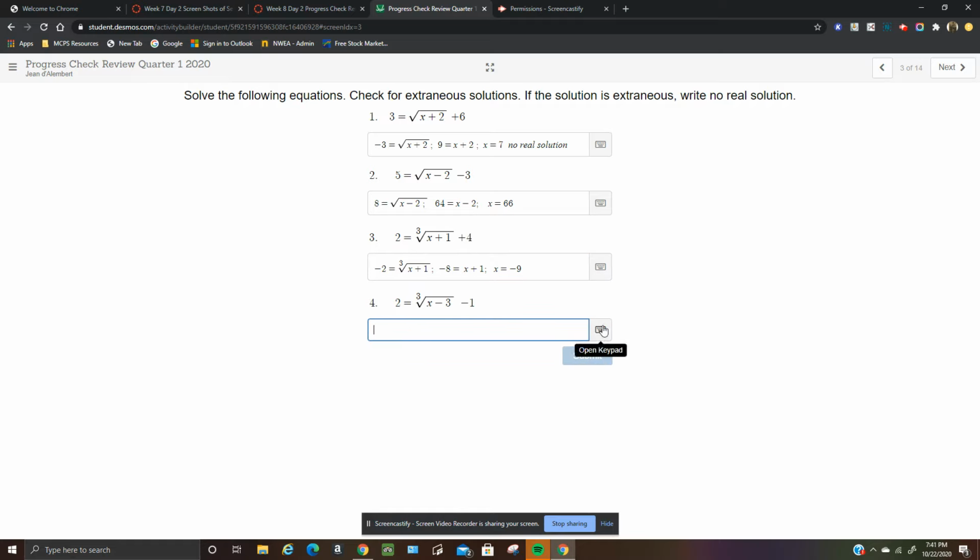And then the last one here, add 1 to both sides, so you get 3 equal cube root, so nth root, cube root of x minus 3, and then cube both sides, so 27 equal x minus 3, x equal 30.